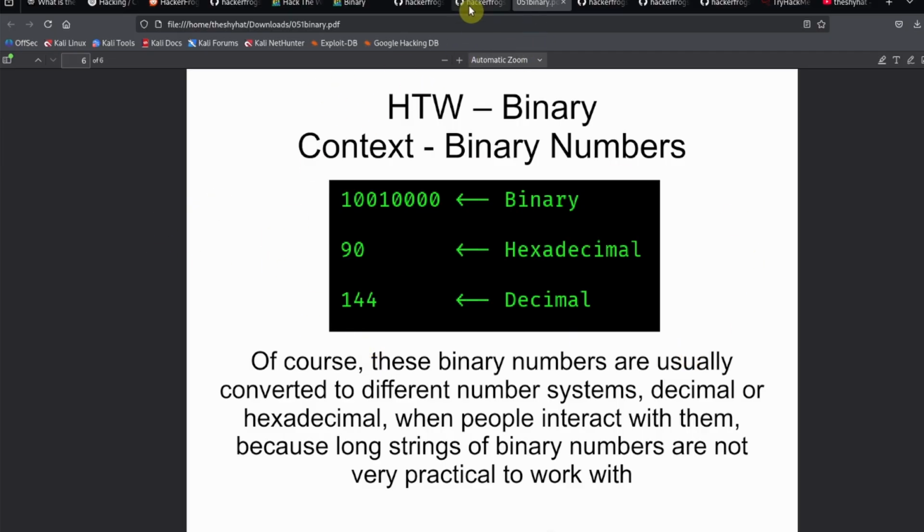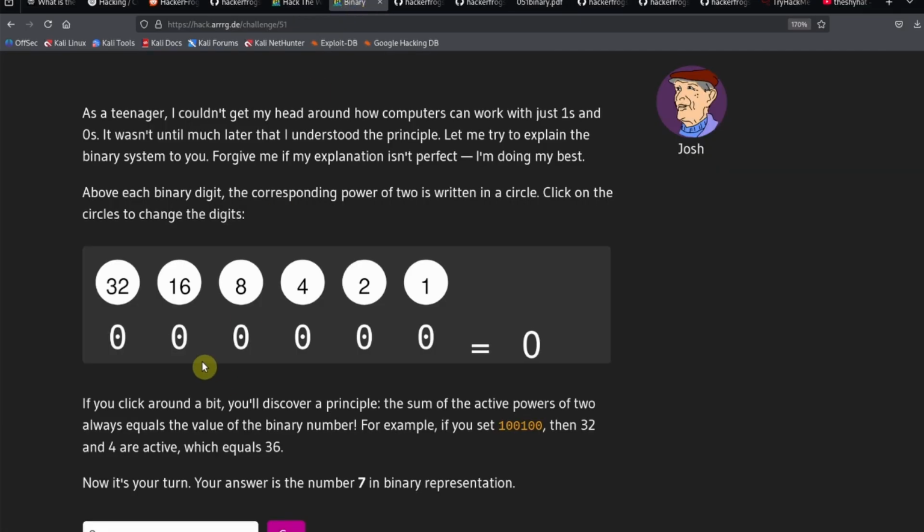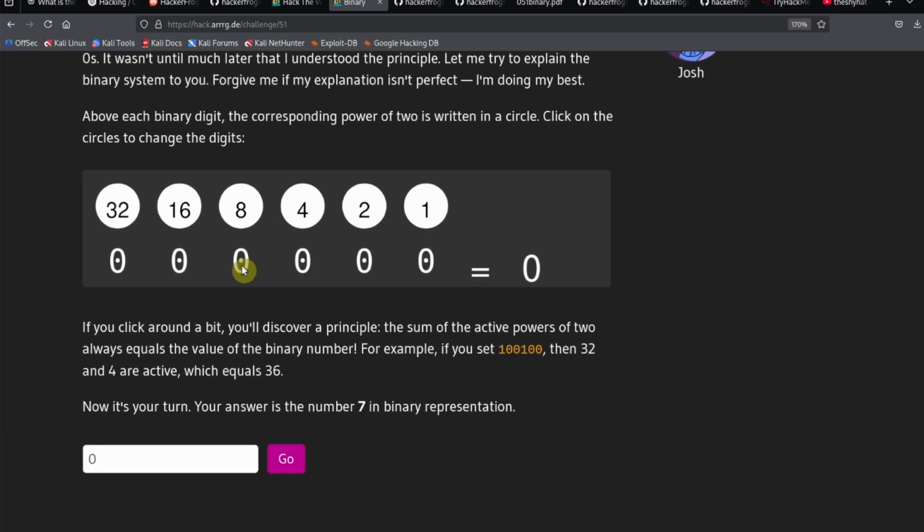So in the challenge, the number 7 in binary representation is the answer. If we see a 1 in this place, it represents the number 1. If we see a 1 in this place, it represents the number 2.